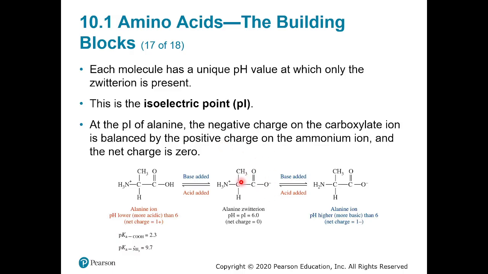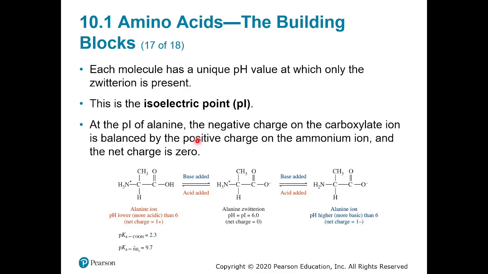So if you were to add acid to this, what you would actually see is you would start putting charges on the carboxylate portion of that. See that? And you'd actually disrupt this as being a zwitterion. Only have one charge, positive. Okay.